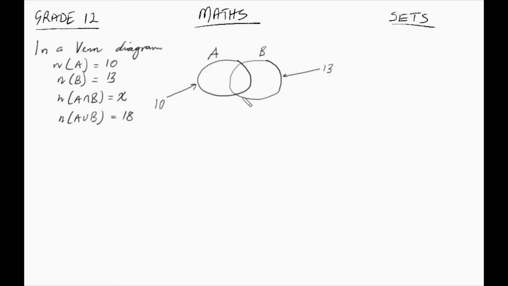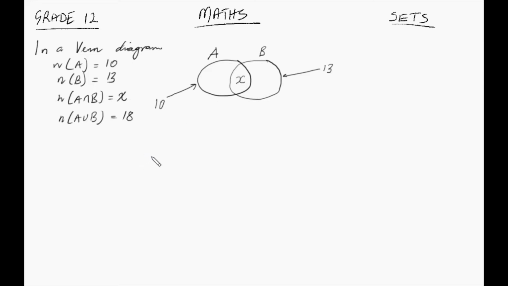When you count the members of this set, there must be 13 members; here, there must be 10 members. But now, the members in the intersection are x members, so we can straight away put x here.